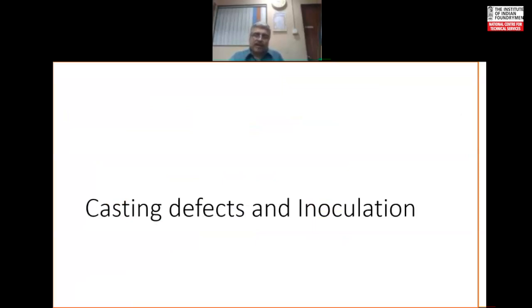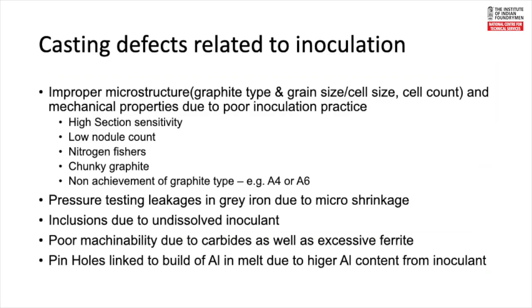Very briefly, casting defects and inoculation. Now, here are a few. Improper microstructure, which is graphite type or grain size, cell count, nodule count, and then improper mechanical properties, or I can summarize as high section sensitivity.